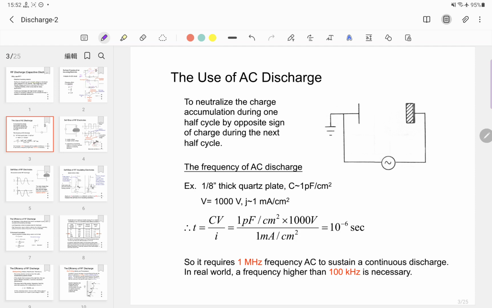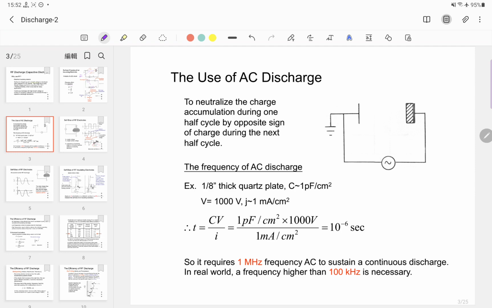So it takes 1 microsecond to charge up the surface of the quartz plate to minus 1000 volts if we flow current with a current density of 1 milliamp per centimeter squared. So it takes about 10 to the minus 6 second to complete a cycle to charge up. If we use such a high frequency AC power supply, we can call this RF, because the frequency falls into the radio frequency region.